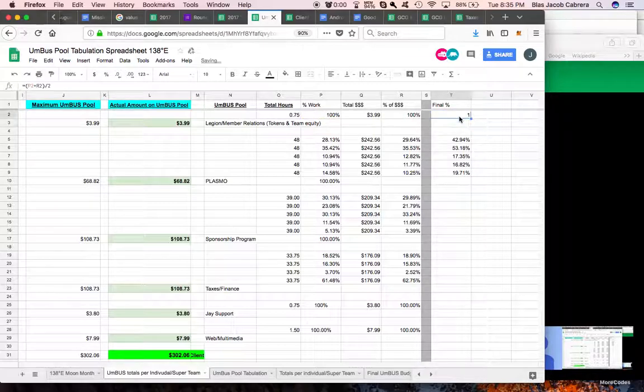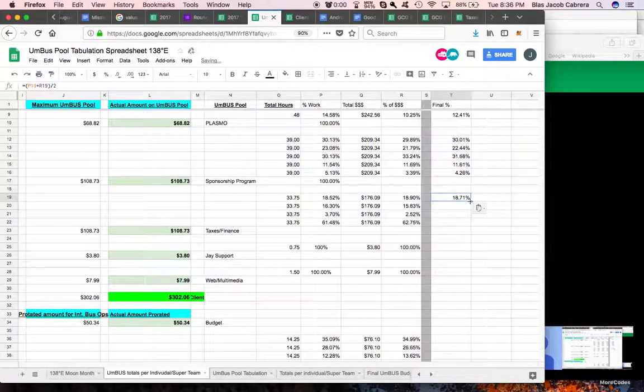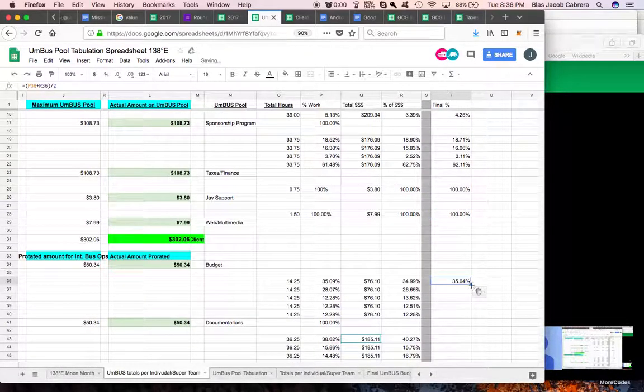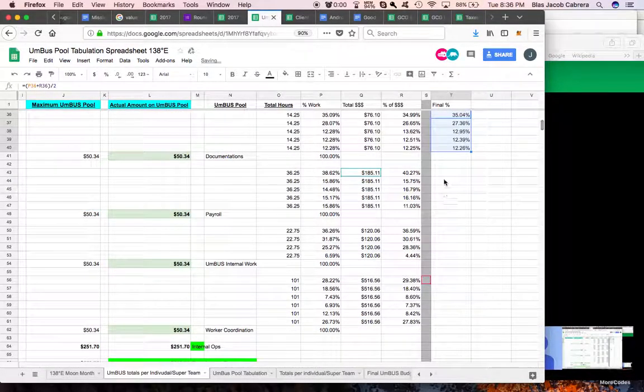There we go. That's better. So obviously that one's 100%. So this gives a perfectly fair number to everybody, so everyone gets the amount that they deserve. And again, this will all happen automatically in the future, but it's good to know how we do it.